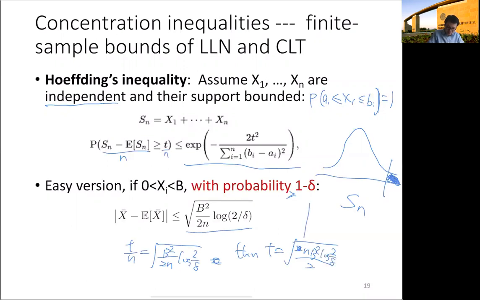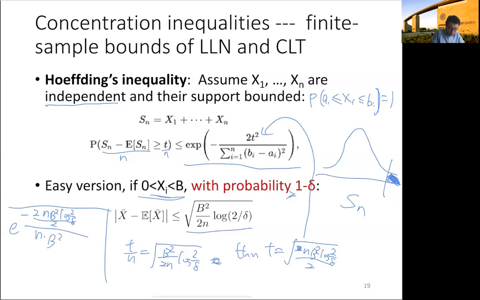And we can substitute this into this expression, and then we're calculating this here. We get e to the power of minus 2 n b squared log 2 over delta over 2 divided by n times b squared.